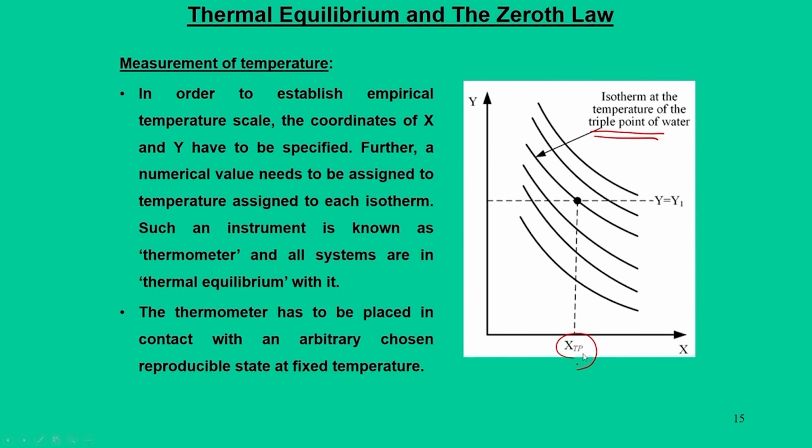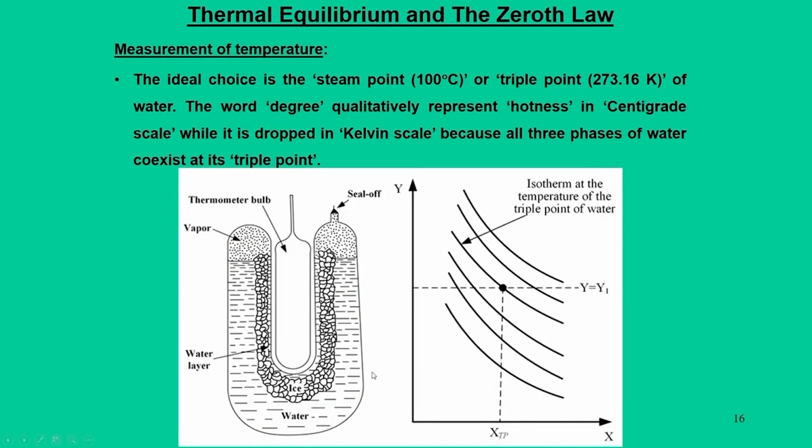For this triple point of water, we can define the coordinates as x_Tp and y_Tp, and that is chosen as the reproducible state at a fixed temperature.